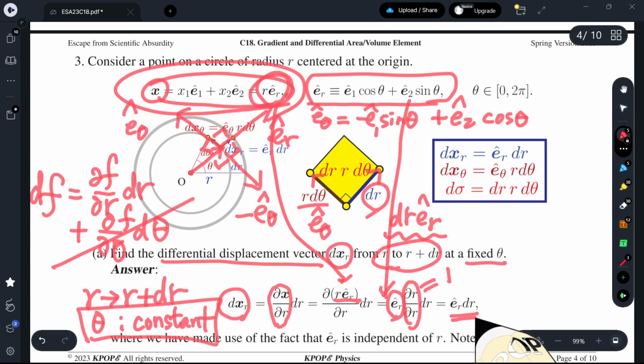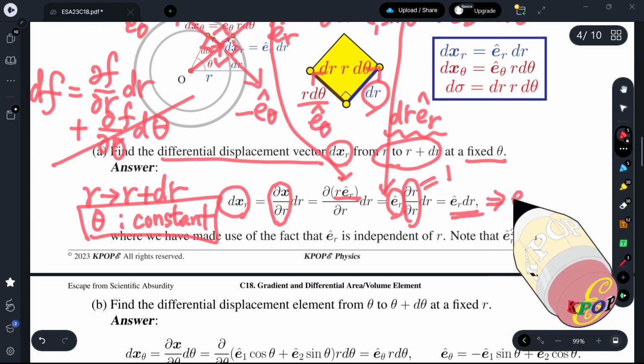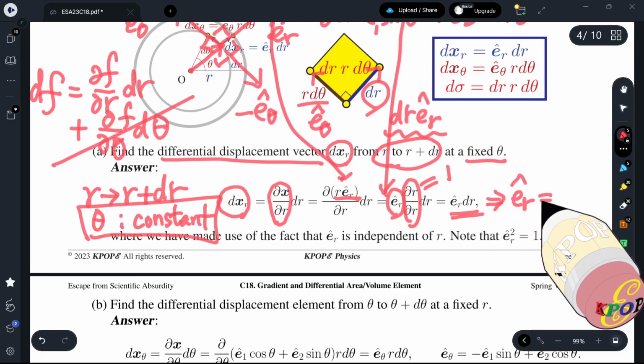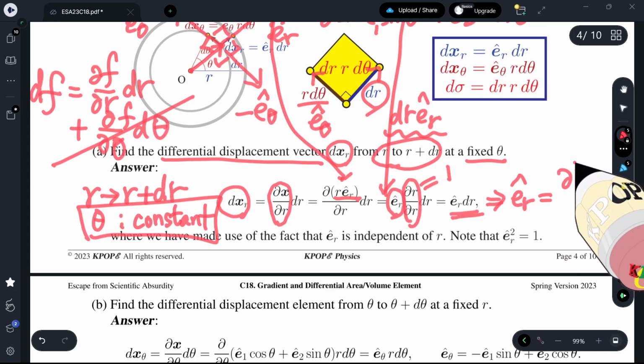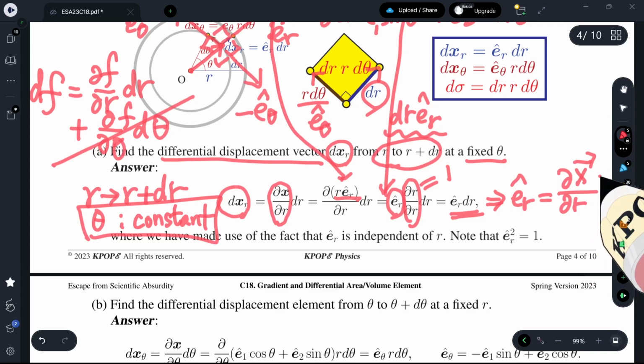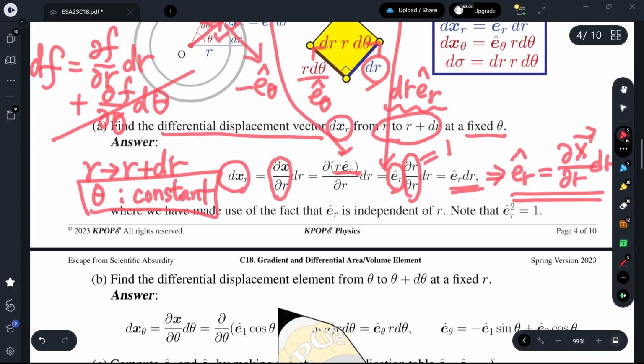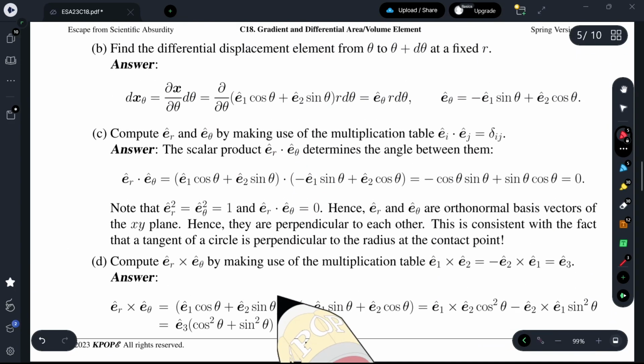The answer is this. From here, we can say e r equals the partial derivative of x with respect to r. That's it.